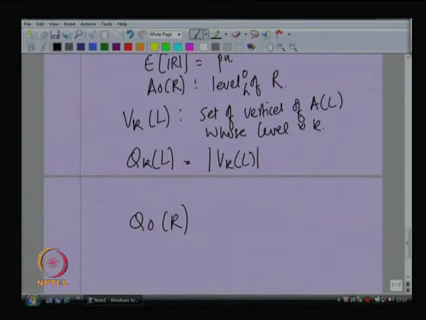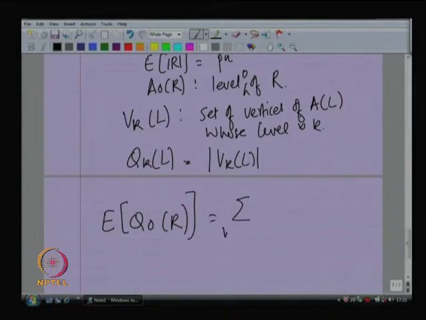And I want to look at its expected size, because it is a random subset. So R is a random subset and phi 0 is the low envelope, which is a random quantity, and I am looking at its expected value.